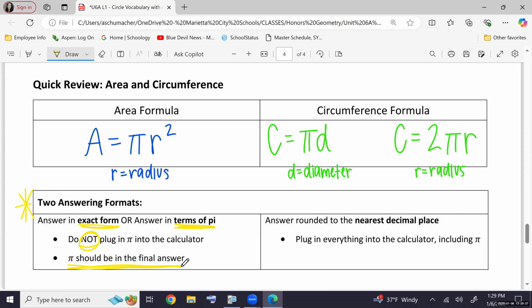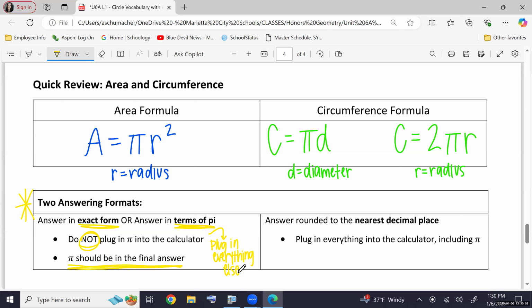So you will plug in everything else, but pi should be in your answer because pi is not going to go in the calculator.